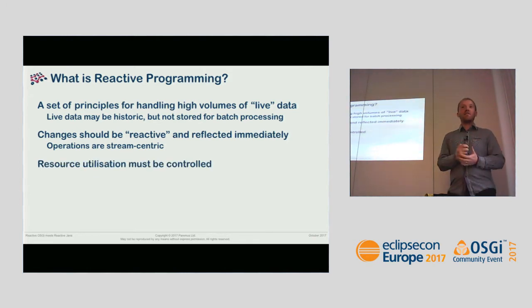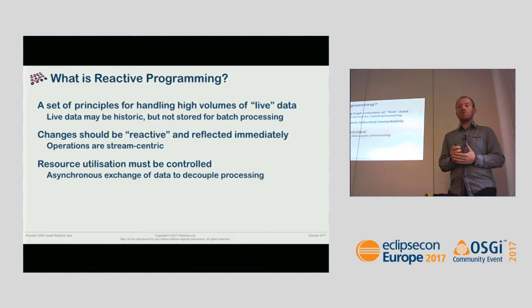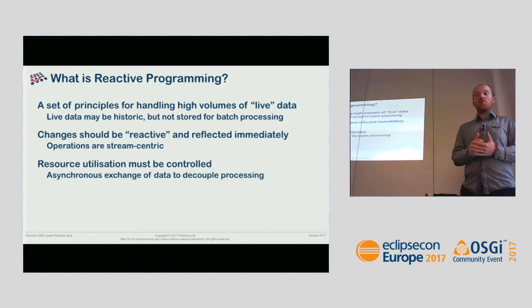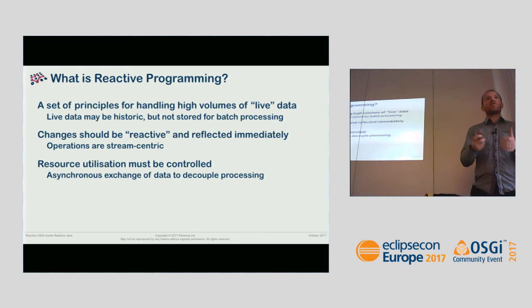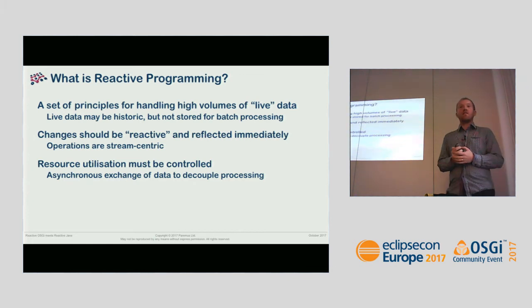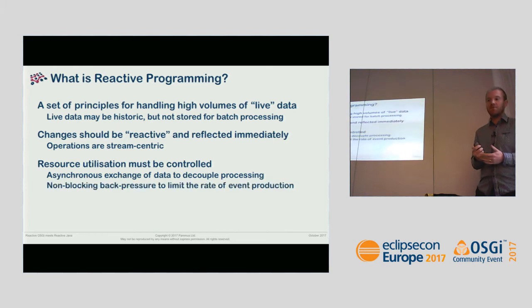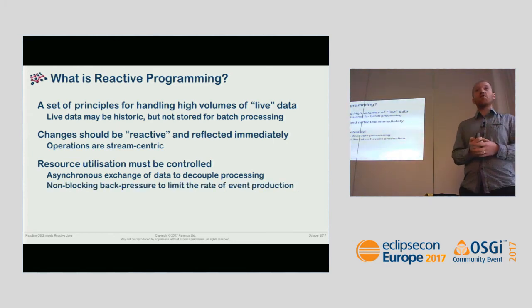Now, as part of this, you need to control the way that you use your resources. And they do this using asynchronous exchanges of data. So you can actually decouple processing from the production of the data events. And this may be asynchronous within the same process, or it may be cross-process. And because it's asynchronous, you need back pressure, which is also non-blocking.